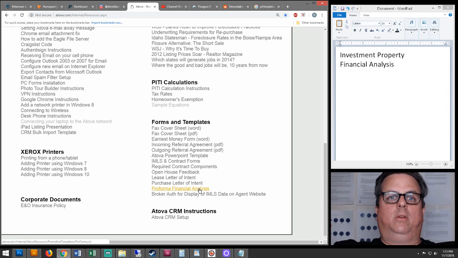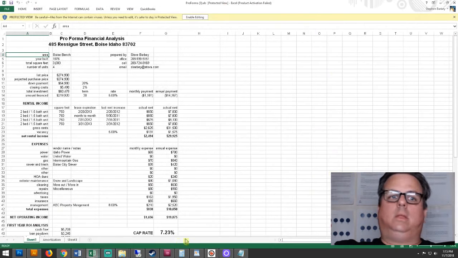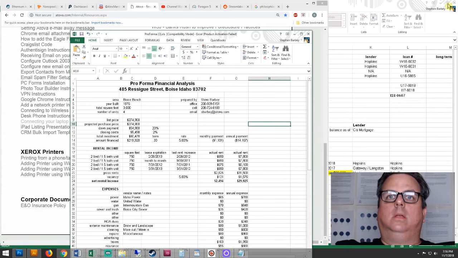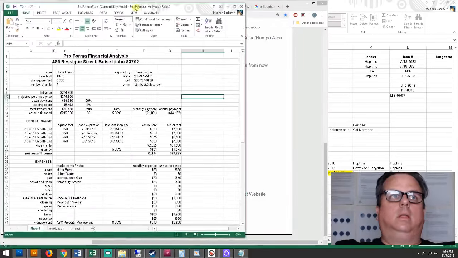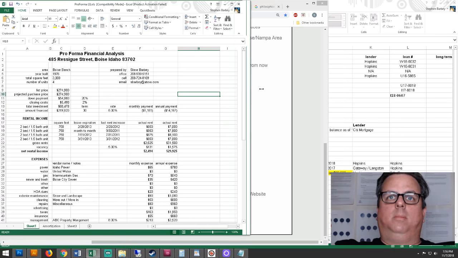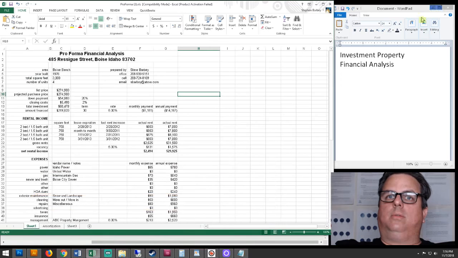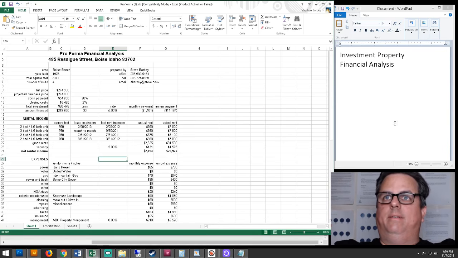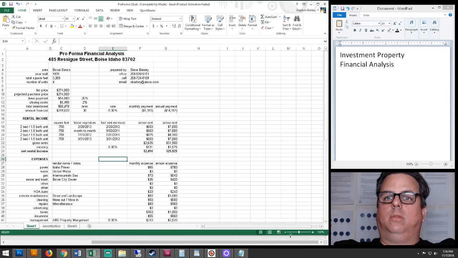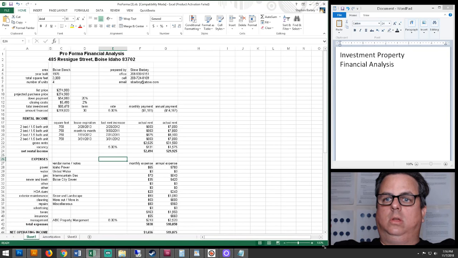So if we open this document here, okay, enable, and here we go. So this Excel document is such that we'll get the windows opened up correctly here so that we have everything looking good.